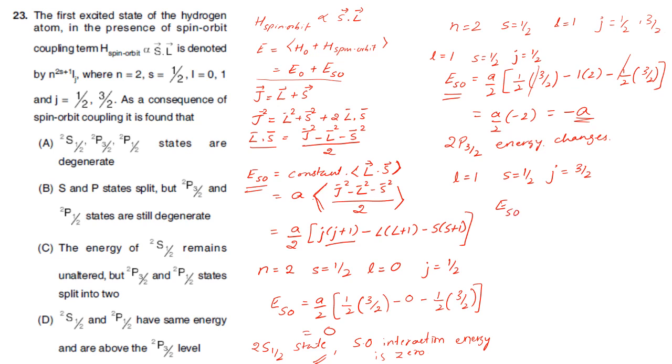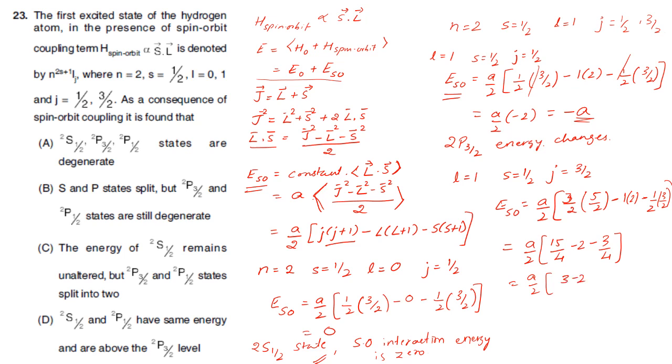Then E spin orbit is given by A/2 into [J(J+1), 3/2 into 5/2, so it is 15/4, minus L(L+1), 1 into 2, minus S(S+1), 1/2 into 3/2, that is 3/4]. So that is A/2 into 15 minus 3 is 12, 12 by 4 is 3, 3 minus 2, that is 1. So it is A/2.